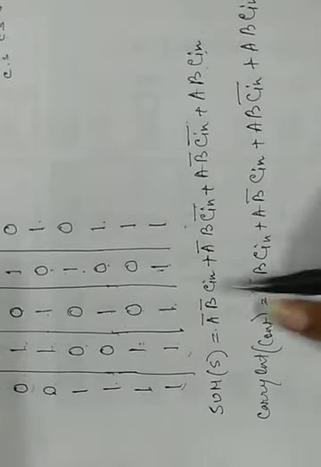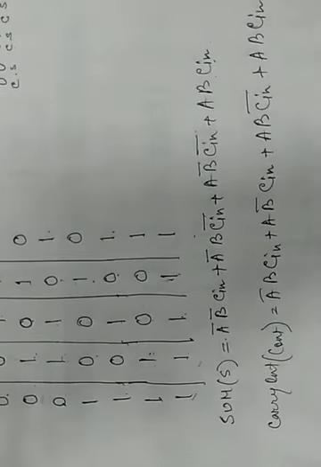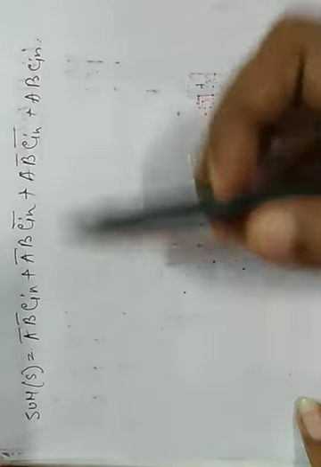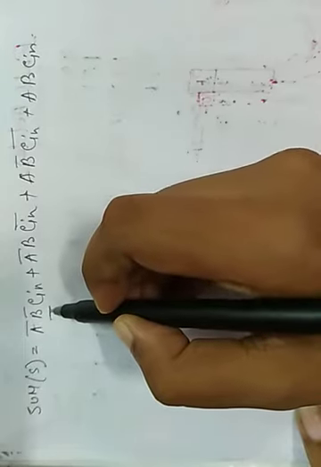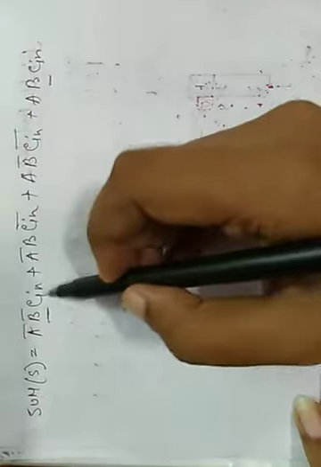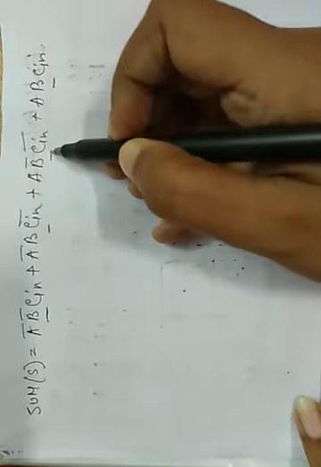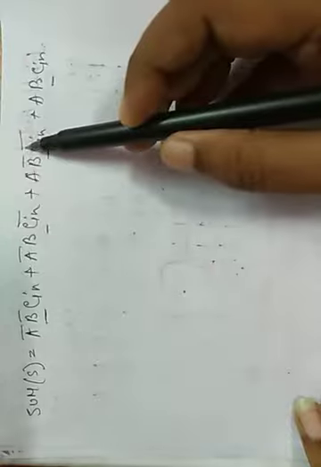Okay, these are the minterm expressions for sum and carry. Now let us simplify it. Okay, so this is our sum expression. You can see here that in this term and this term we can take C in as common, and from this term and this term we can take C in bar as common.